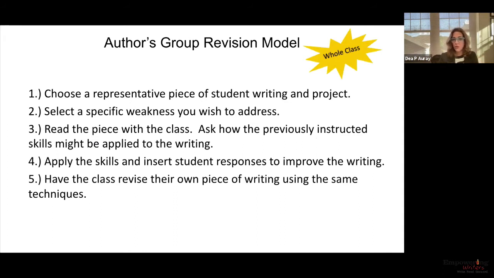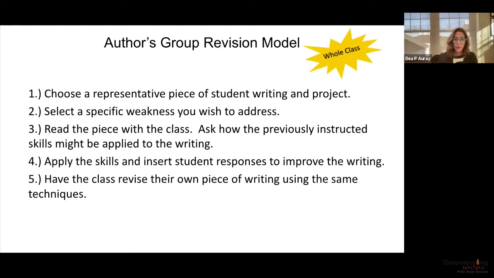And in sharing, they have this conversation about what's good, where some improvements can be made. And because they're all authors, they're all speaking the same language. So they have something to build off of. So what we're doing is taking that exact same process and applying it to whole class instruction.